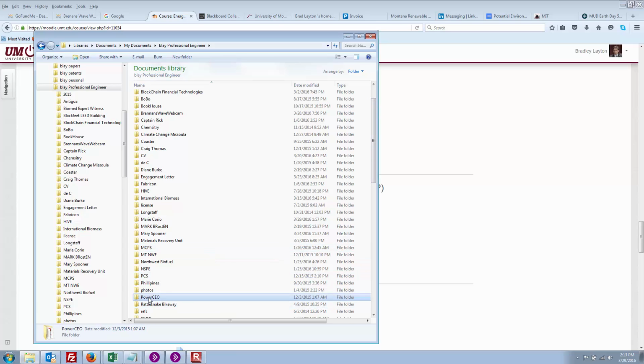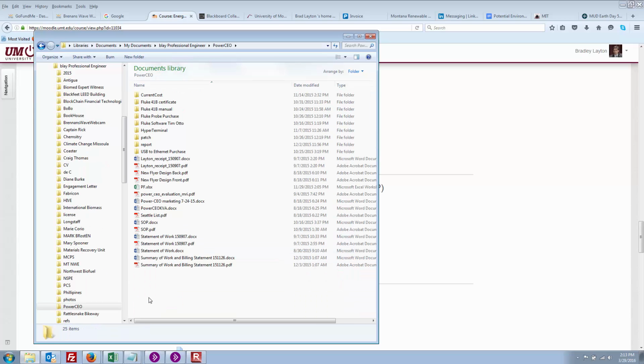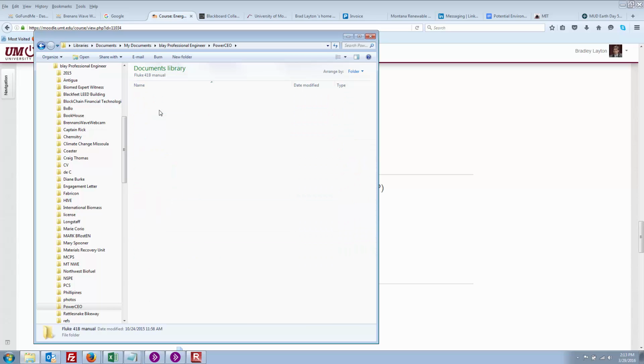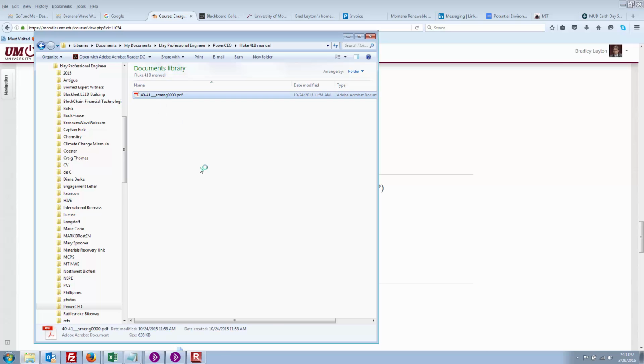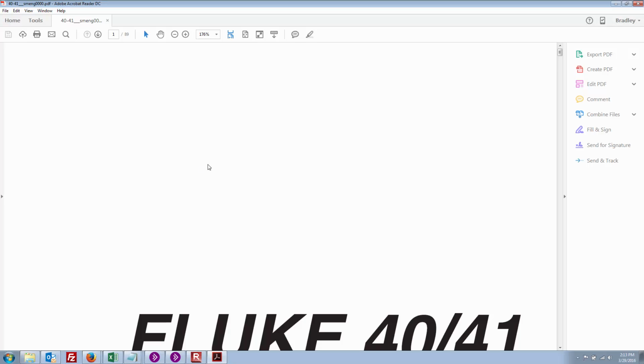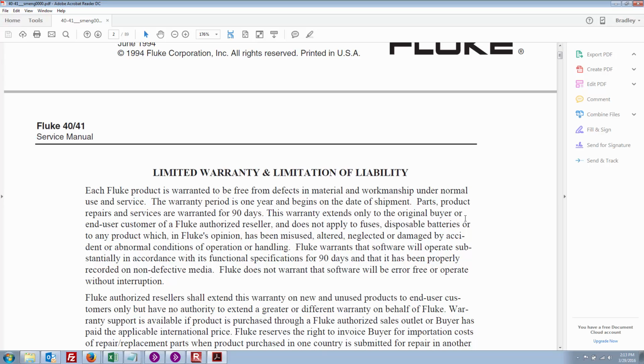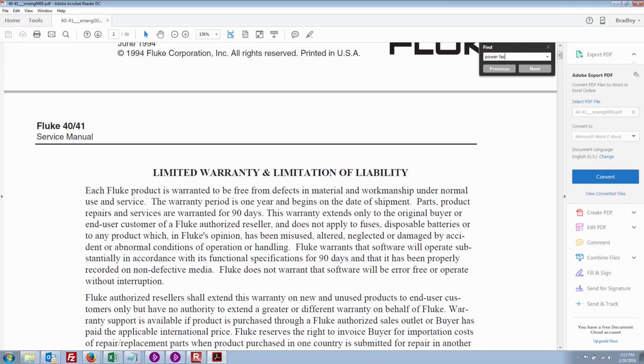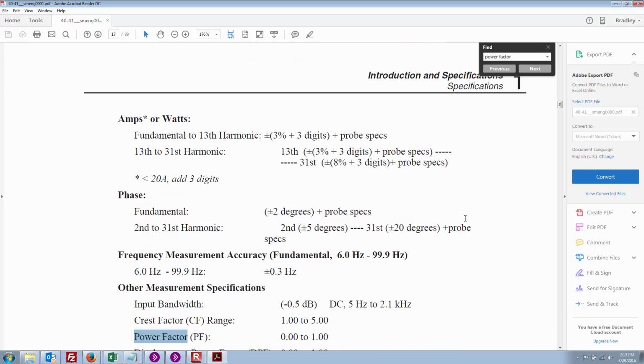So there's a company called Power CEO, and they make a power factor corrector. Somewhere in this manual, so this is a manual for a Fluke 4041, I'm just going to do a quick search for power factor in the manual.